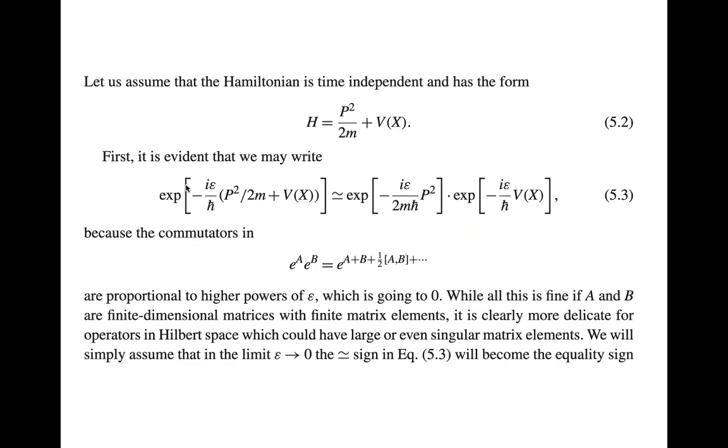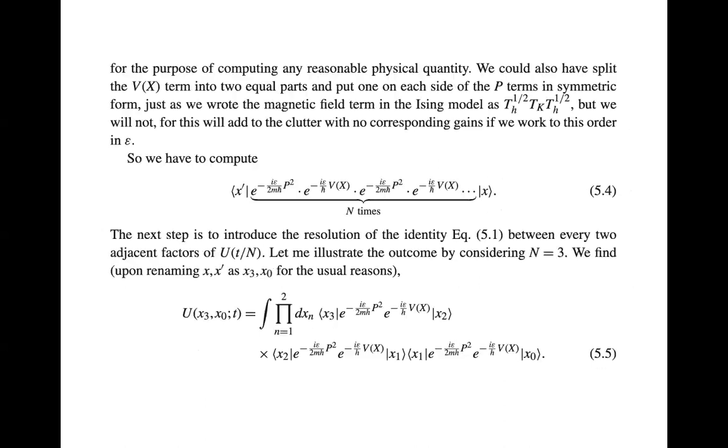This is the propagation operator, or time evolution operator. This is called the time evolution operator during the time interval epsilon, because we are separating the time interval t into n slices, each piece equal to t divided by n, right?